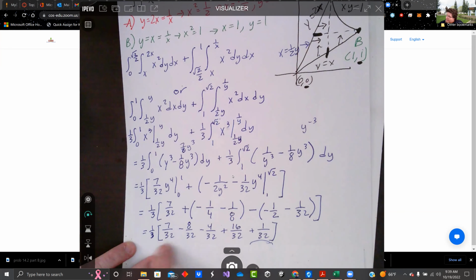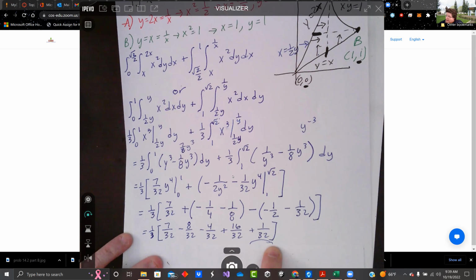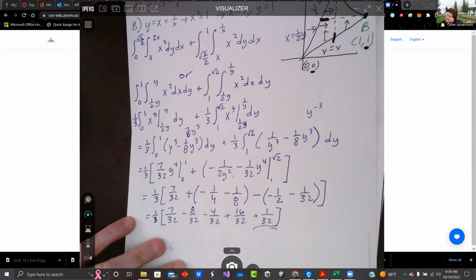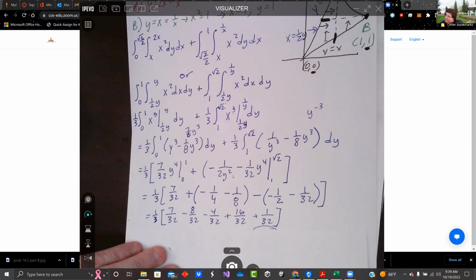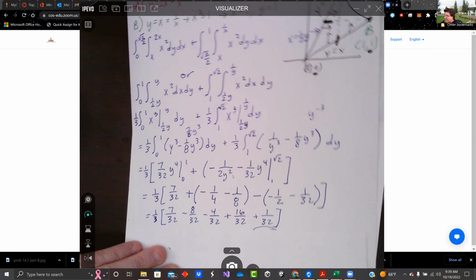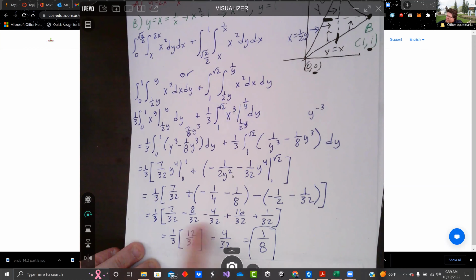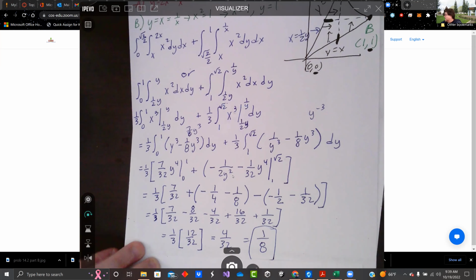I just got a common denominator for all of them. So the denominator is 32. When we add those all up, we get 12/32 on the inside times 1/3. I reduced the 12 and the 3 first to get 4/32, and then that's 1/8.